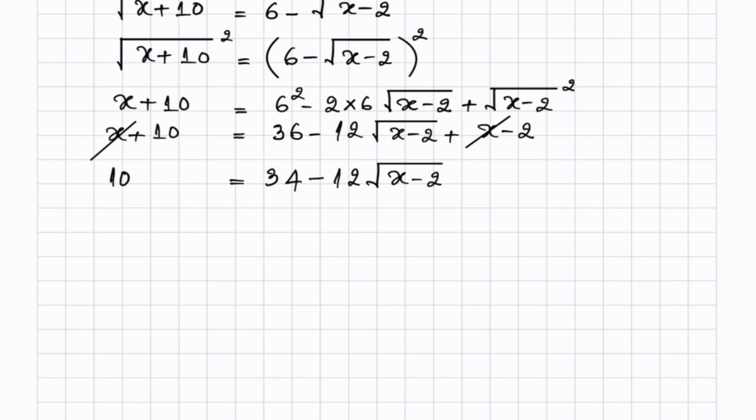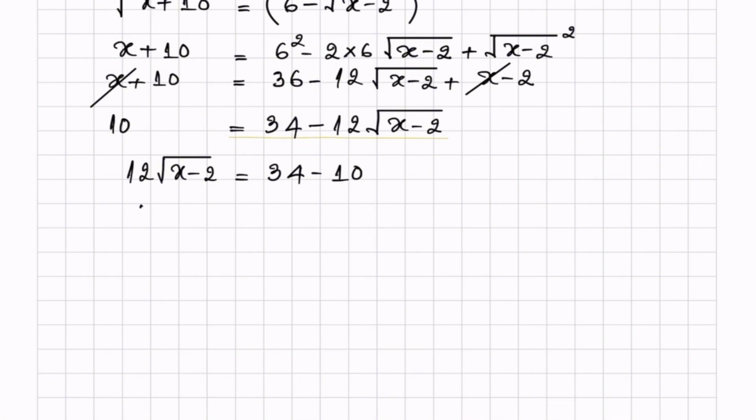Now let me move negative 12 square root of x minus 2 to the left hand side. That will be 12 square root of x minus 2, and then we take 10 to the right hand side. That will be 34 minus 10. Then 12 square root of x minus 2 equal to 24.